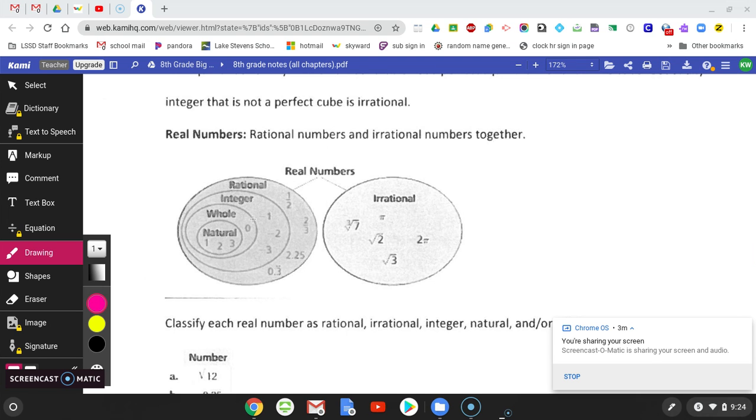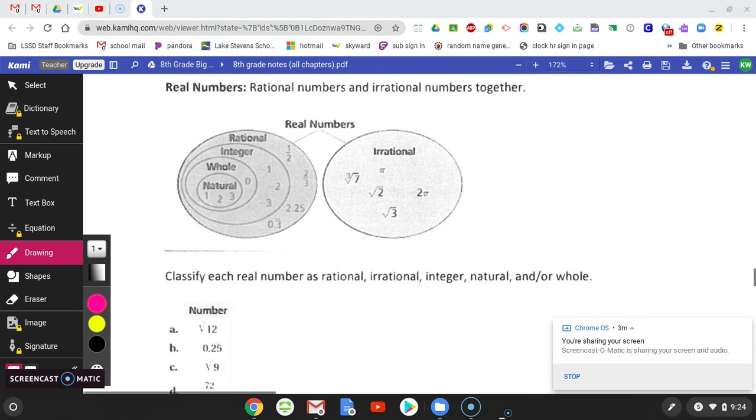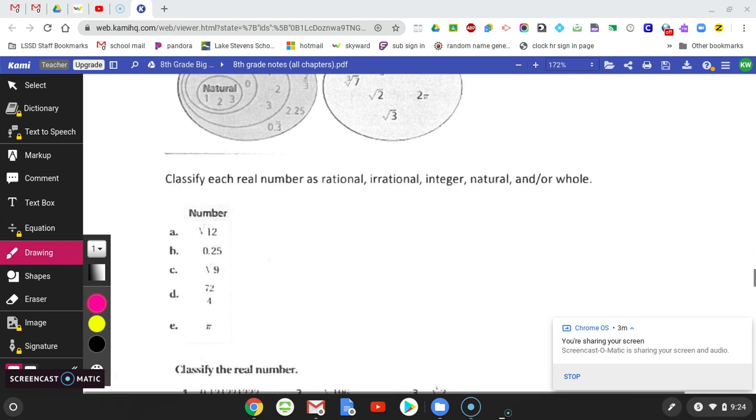Whole numbers would also then include 0 as well. And natural numbers are just the numbers that you count with. So 1, 2, 3, 4, 5, and so forth. Think about back to kindergarten when you learned to count. Those are considered natural numbers. So it's just a way to classify.